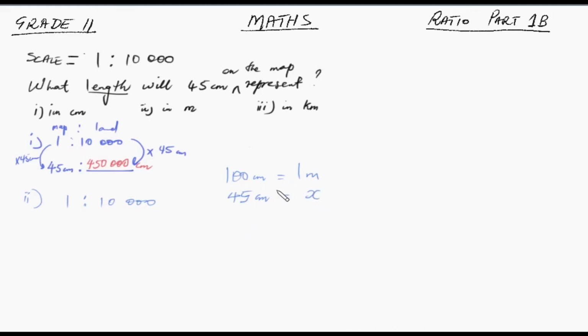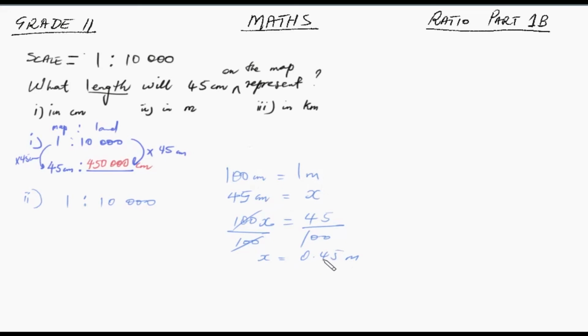Let's just multiply: 100x equals 45. Let's divide by 100. x is going to be equal to 0.45 meters, because the centimeters cancel, so we are left with meters ultimately.